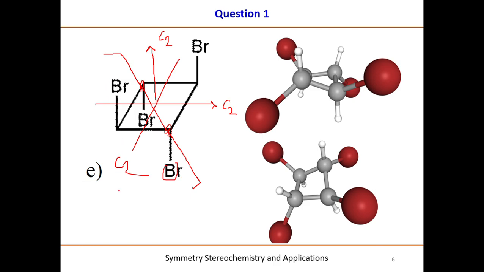Here you can see the another dihedral plane, from these atoms. This is the another dihedral plane, because this half and this half are identical or indistinguishable. That's why we consider this as another symmetrical half. That's why two dihedral planes are present.